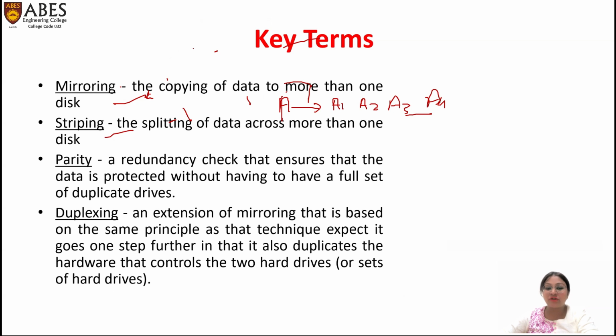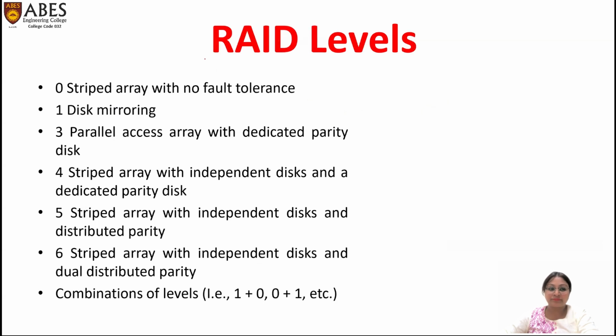Duplexing is an extension of mirroring that is based on the same principle. The technique goes one step further, as it also duplicates the hardware that controls the two hard drives or sets of drives.